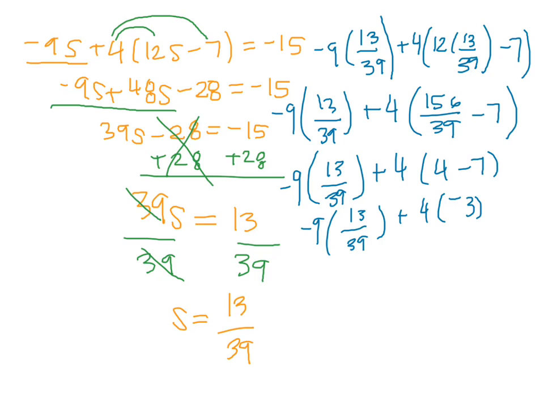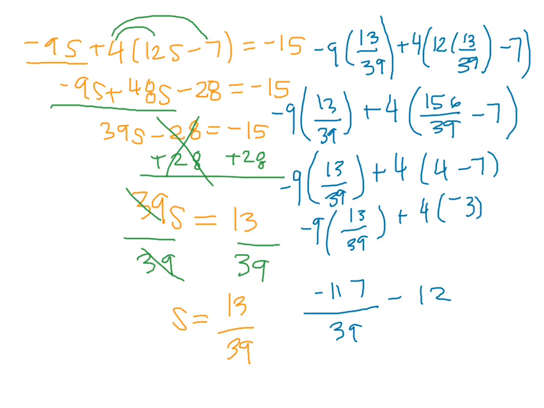And let's see, that's going to give us 117, I think. Yes, 117, negative 117 over 39. And then we also over here have 4 times negative 3, which is going to give me negative 12.